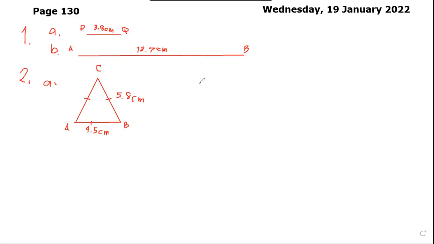Letter B. Construct triangle UVW with sides 3.8, 5.6, 4.2.